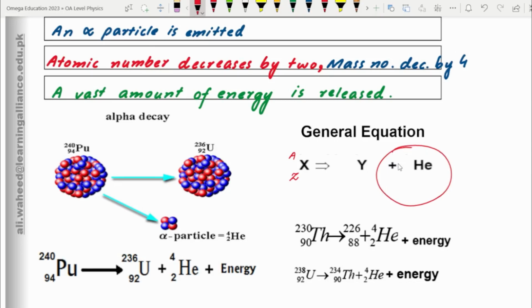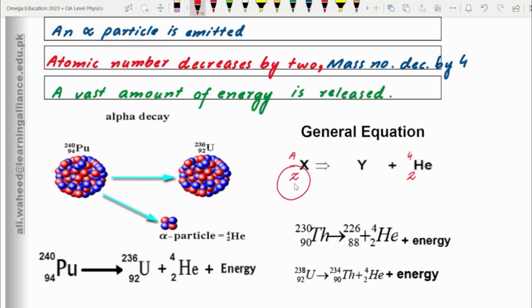As the alpha particle goes away, there would be a reduction of the atomic number and the atomic mass as well. How do we define the alpha particle? We define it as the nucleus of helium with the atomic number 2 and the mass number 4.